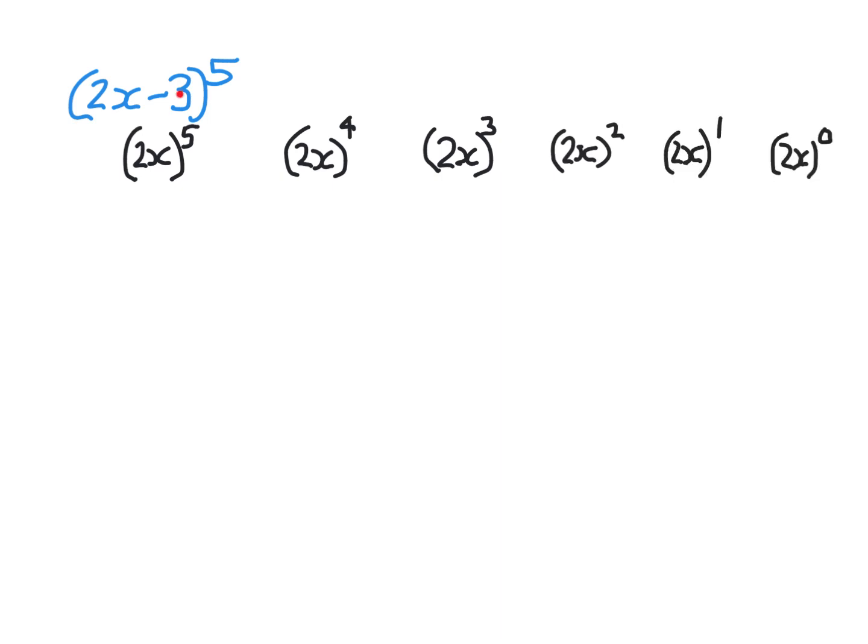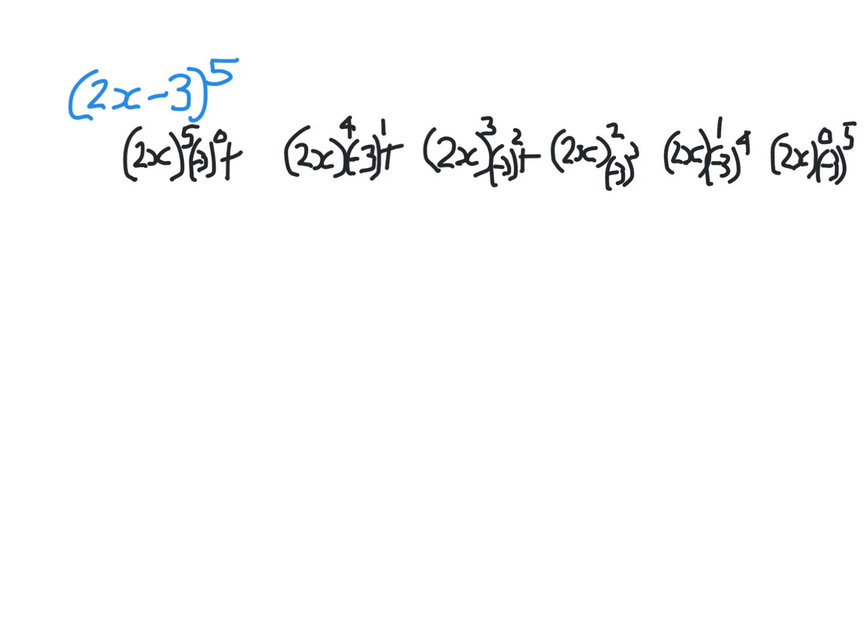Now we take the second term in the brackets, which is not 3, it's actually negative 3. We start at the power of 0, and this time we increase the power with each subsequent term from left to right. Note that for each of these terms, the powers add to 5, which is no coincidence. They should add to the power here. We're going to put a plus between each of these terms.